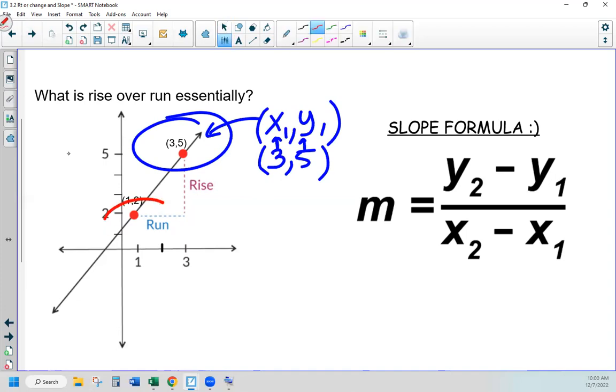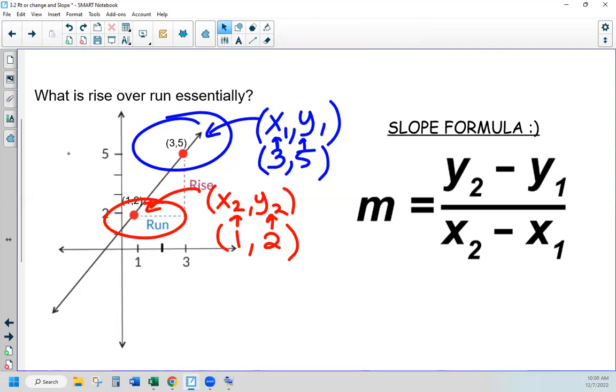So that means that we will call this point my point number 2, where it has an x2, y2. That's how you say x2, y2, or x1, y1. You don't say it any other crazy way. That means that my 1, 2, the 1 is the x value from the second point, and the 2 is the y value from my second point. That's all there is to it.